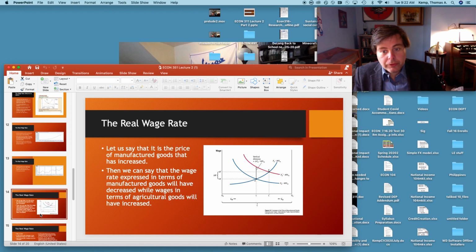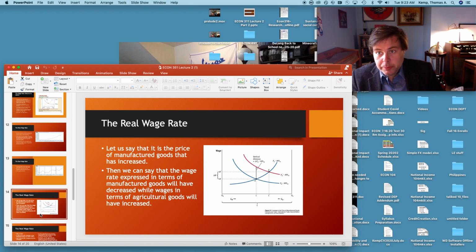So we can say for sure that the resultant change in wages in terms of manufactured goods is going down. Why? Well, we can see that the change in W, just by geometry, right? The change in W must be less than the vertical shift in that blue and then red function. The difference between P and P prime.